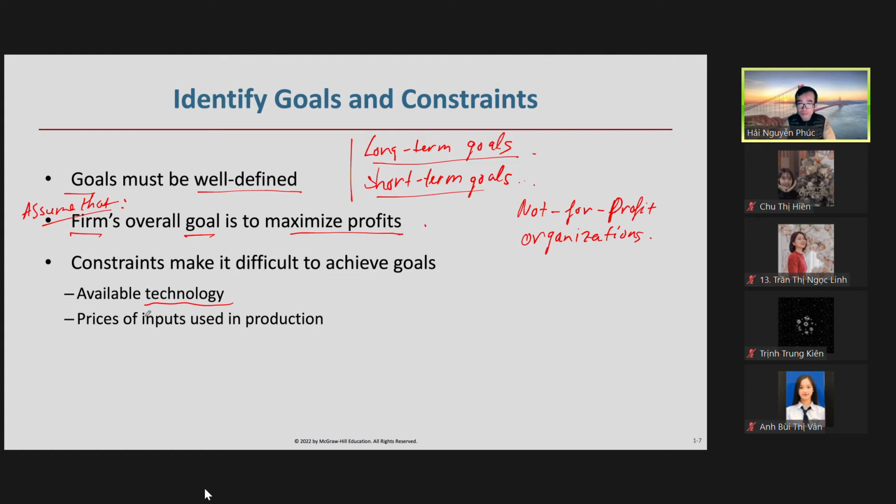So once again, keep in mind that as a manager, you will have to clearly identify the goal, and you will have to deal with the constraints. That would make it difficult to achieve the goal.